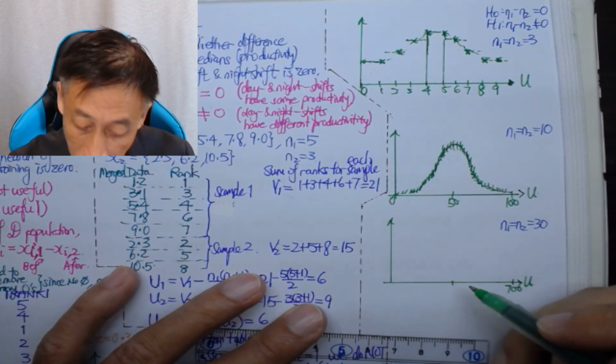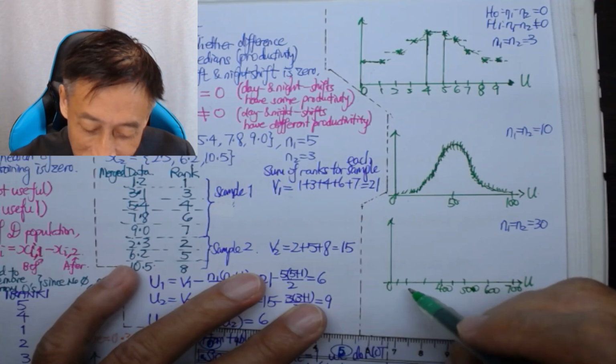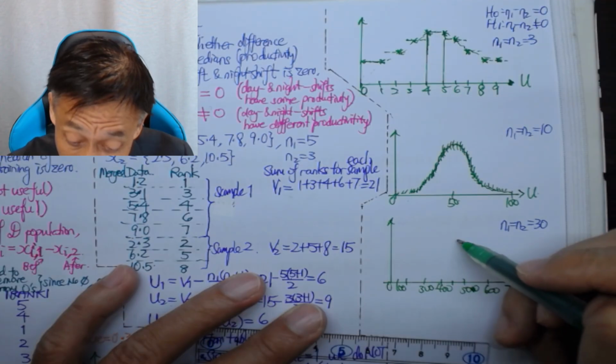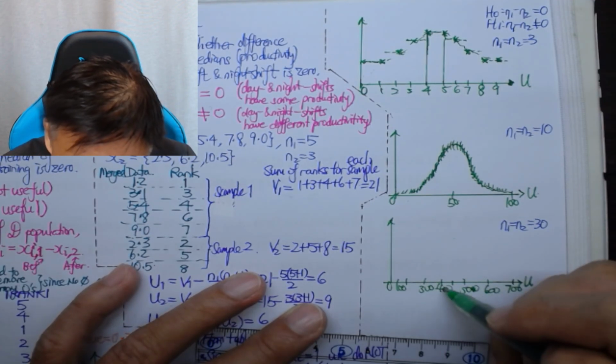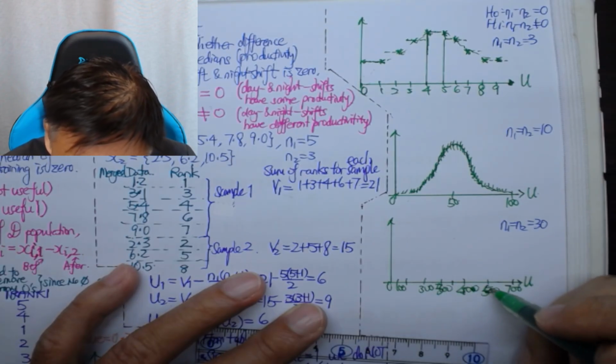And of course, we also have 500, 600, something that is quite central, right? 3, 2, 1, 0. So this should be 450, 350, 300, 400, 500.